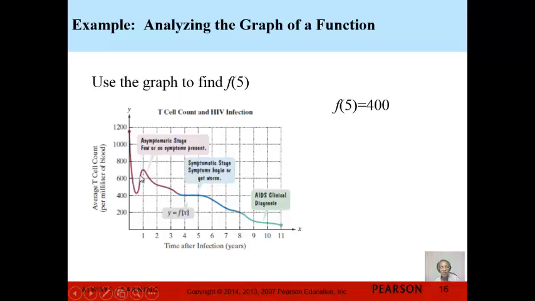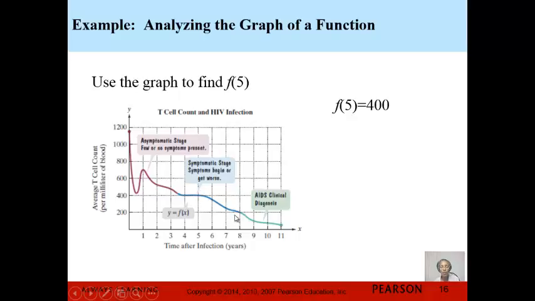Now notice this graph is divided into 3 colors. The red portion of the graph is the asymptomatic stage of the HIV infection. A person who's HIV positive, it looks like up to about 3.5 years after being infected, has few or no symptoms. From 3.5 years to about 8 years, the person is in the symptomatic stage. Their symptoms begin or get worse.